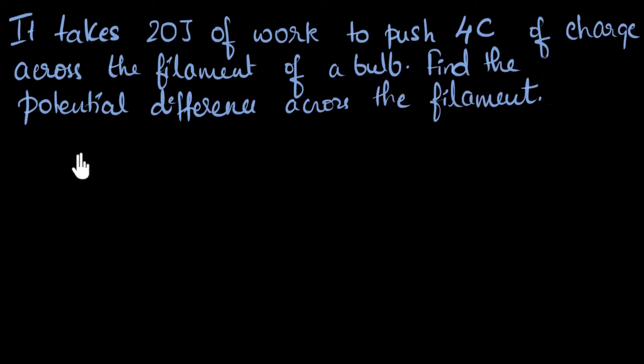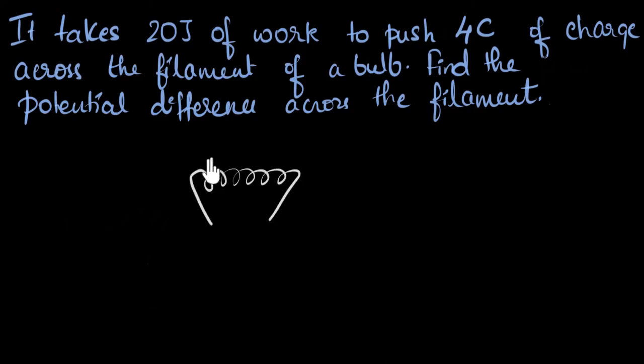So great idea to pause the video and see if you can try this problem yourself first. All right. In this question, we are asked to find what the potential difference is. And what we are given is the work done to push 4 coulombs of charge across the filament of a bulb. So let's say here is the filament of a bulb.